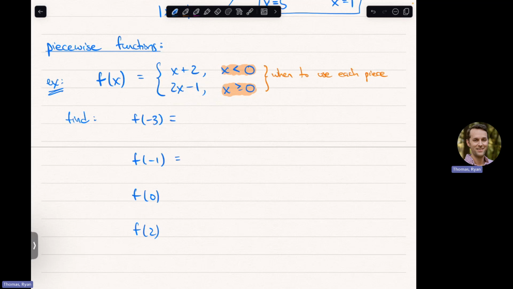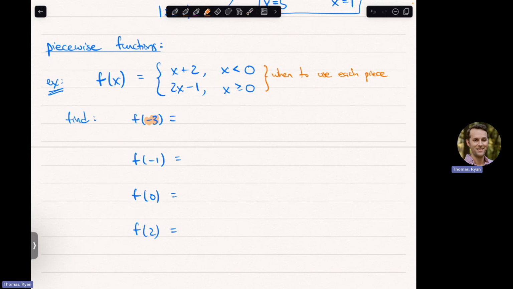All we're really going to need to be able to do with these is kind of interpret what they tell us. So, for example, if I want to find f of -3, I take my x value -3, and I look right here, and I decide which one applies.